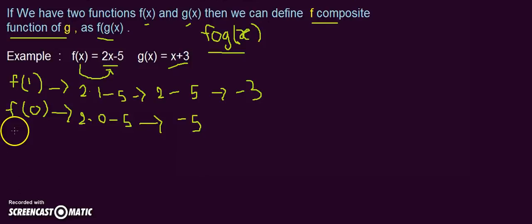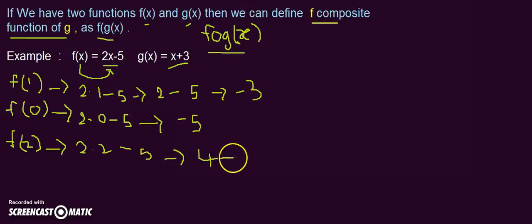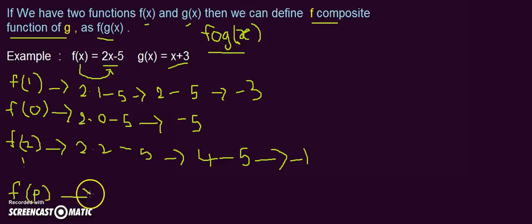If I want to find f of 2, what happens? 2 into 2 minus 5, which is equal to 4 minus 5, which results in minus 1. In general, if I want to find f of p, what will be the f of p value? It is 2 into p, 2p minus 5. This is about the function f of x.